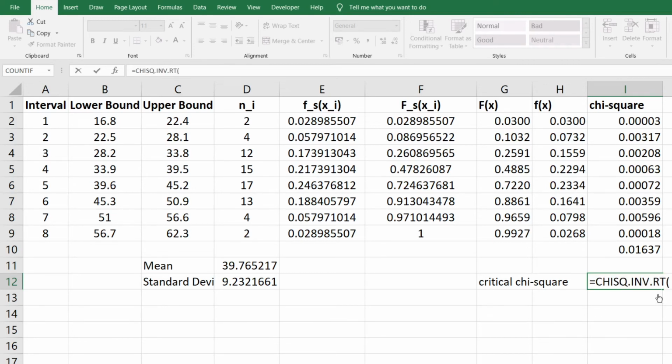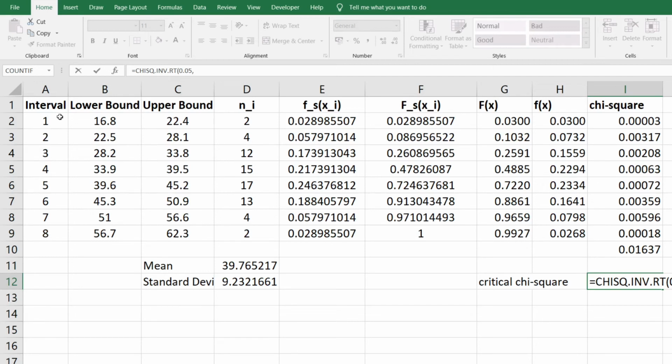So, anong probability ang gagamitin natin? In statistics, ginagamit natin na significant yung 5%. So, ang gagamitin natin dito is 0.05. The degrees of freedom naman, how many intervals do we have? There are 8 intervals, tama?